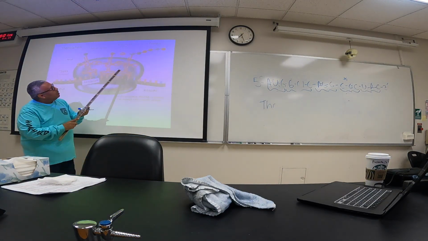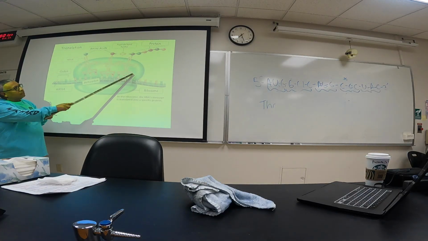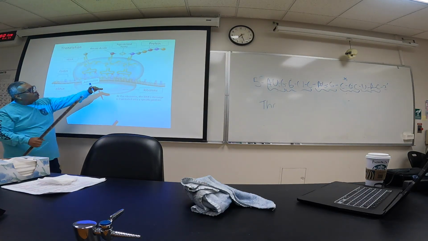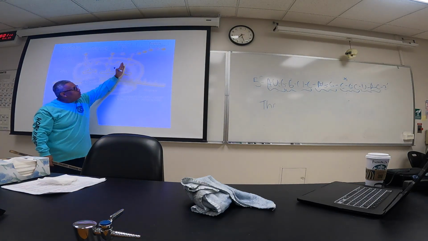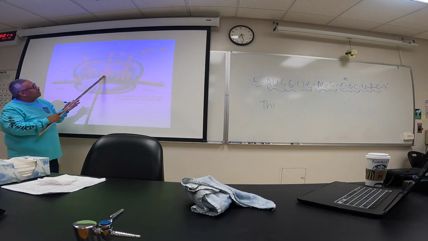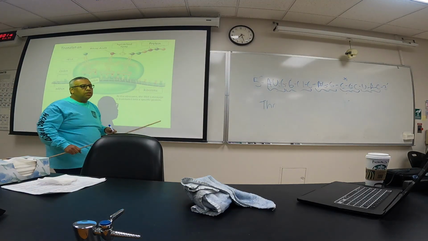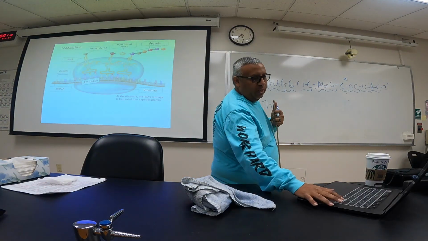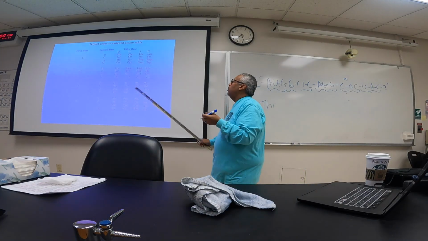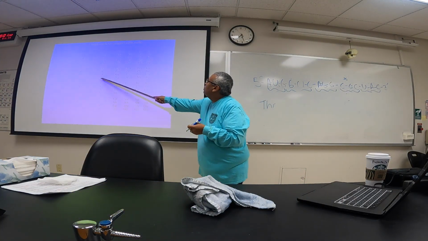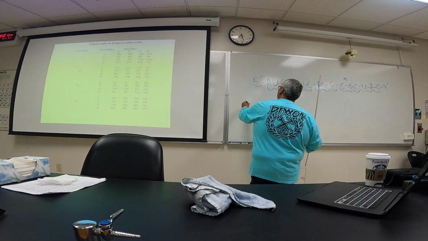All right? The ribosomal RNA is holding on to the messenger RNA, it's holding on to the transfer RNA, and then along comes CGU. So we'll go over here to our table, and we're going to find C, G, U, and that's arginine.